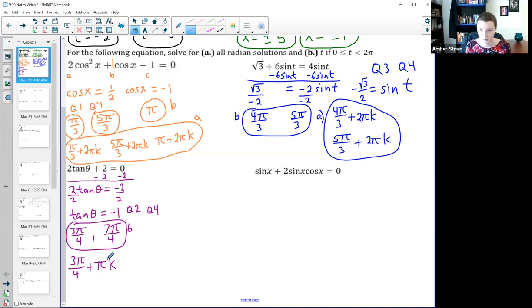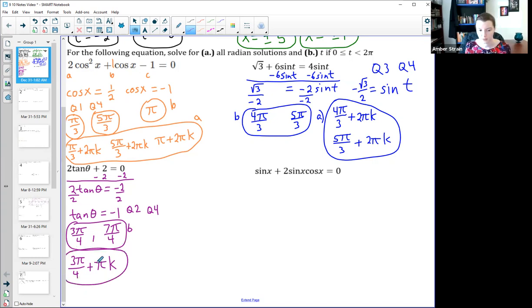Pi is 1 whole pi, right? 4 fourths, 1 whole. So if I took 3 fourths of something and added on 1 whole, 4 fourths, that would be 7 fourths. So what that means is that 7 fourths is included in this answer right here, because 3 fourths plus 1 is 7 fourths.